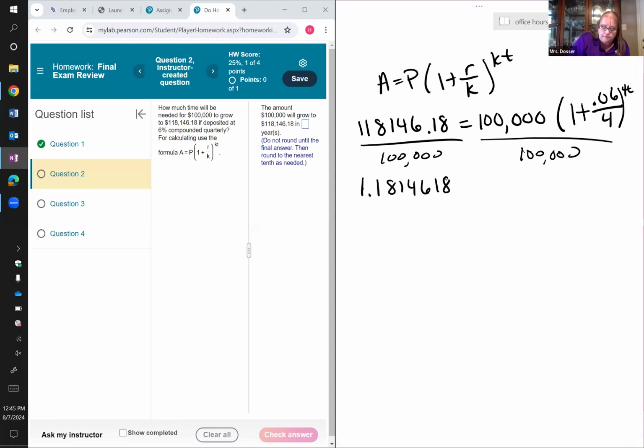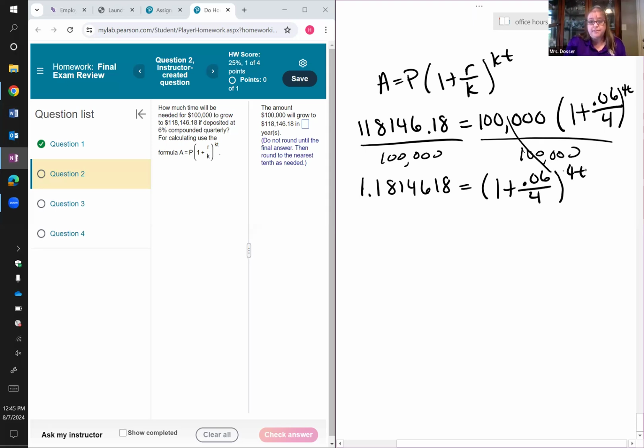Notice it says over here in my MyMathLab, do not round until the final answer, so I'm going to use all of those decimal places. I'm not going to round. And then over on the right, when we divide, our hundreds give us 1, they cancel, and we're left with the exponential, 1 plus 0.06 over 4 raised to the 4 times t.